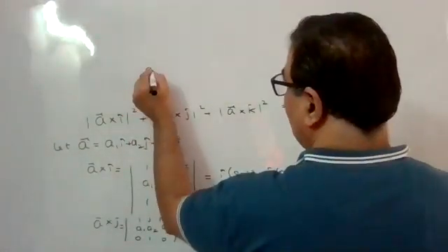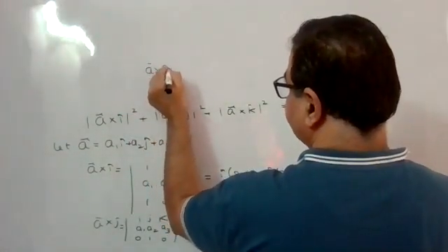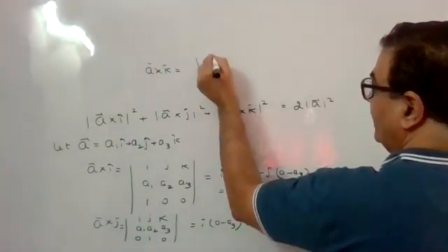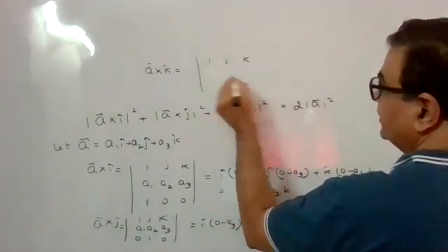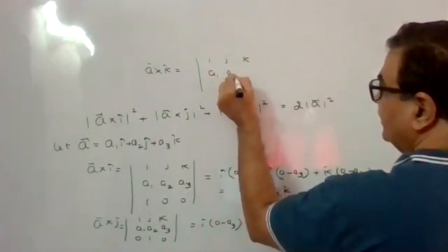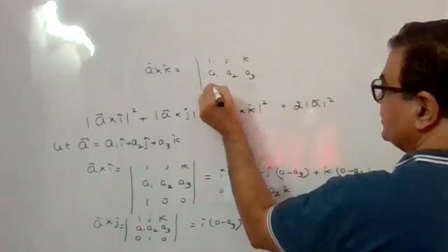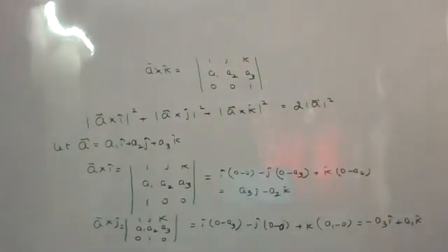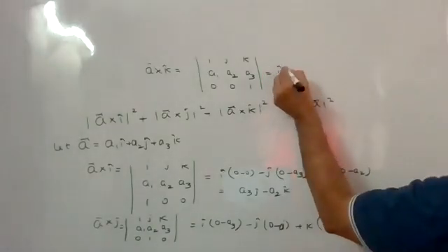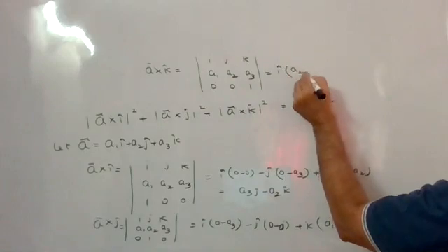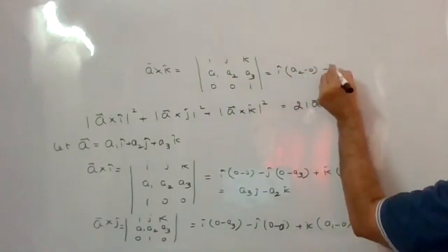Same way we go for A cross K. It will be I, J, K, A1, A2, A3, 0, 0, 1. And now when you solve it, I, it will be A2 minus 0.